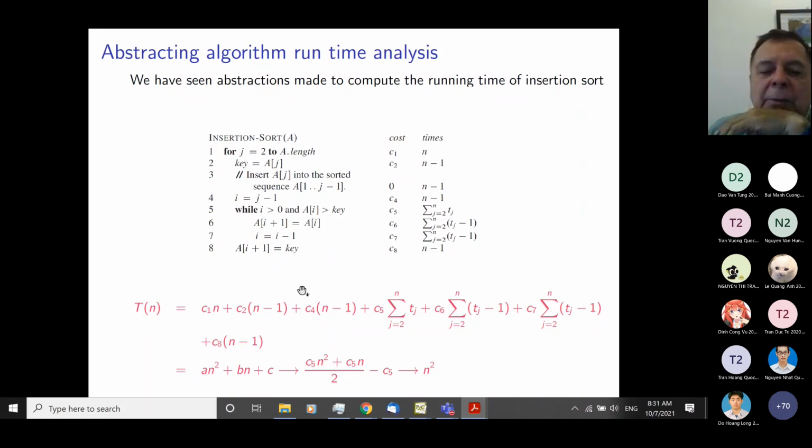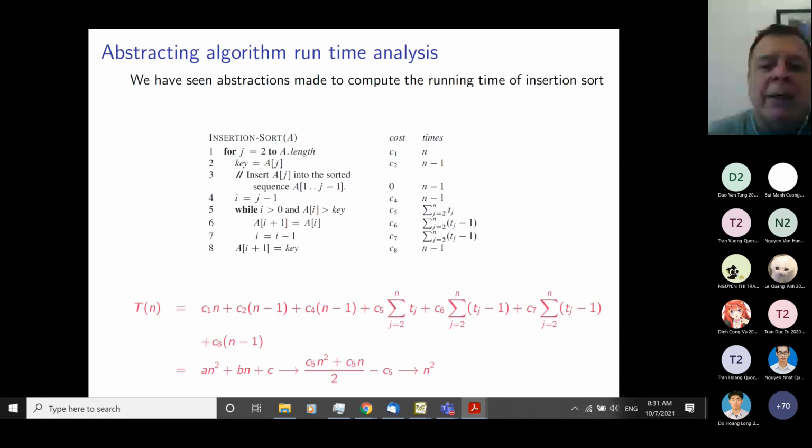So we came up with an expression like this, an squared plus bn plus c, and then we decided, well, there's no need to count how many times each basic instruction is executed. We are just going to count the one that is executed the most often, okay?